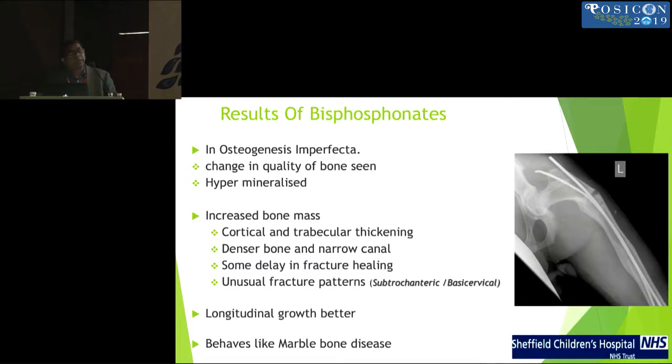They show an increase in bone mass, basically cortical and trabecular thickening. There is denser bone, which subsequently narrows the canal. There is some evidence of delay in fracture healing, and you do get unusual fracture patterns like subtrochanteric or basicervical. And it behaves like marble bone disease or osteopetrosis.